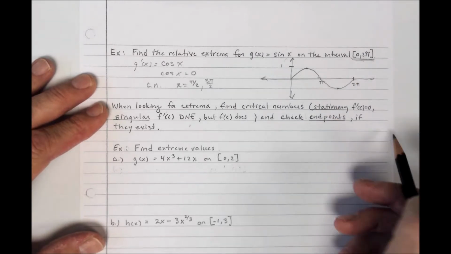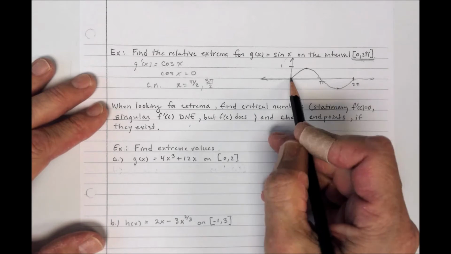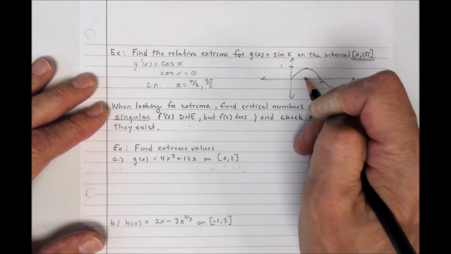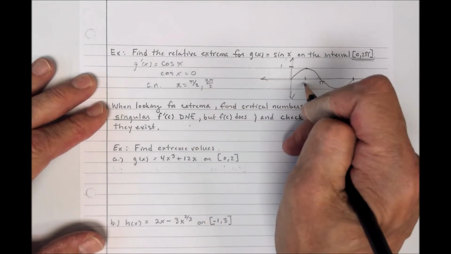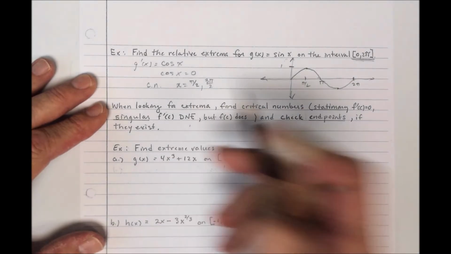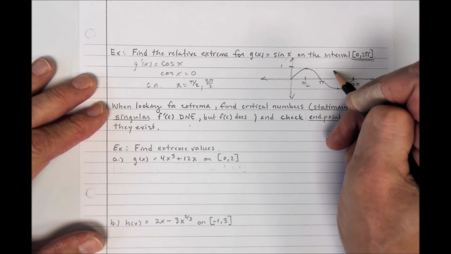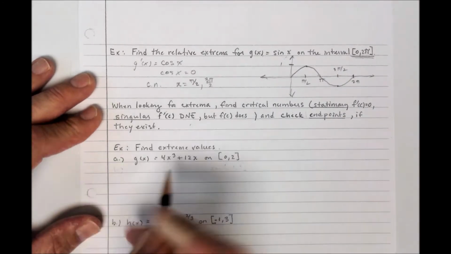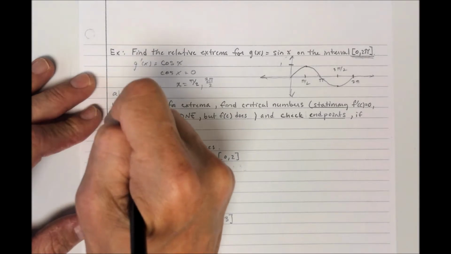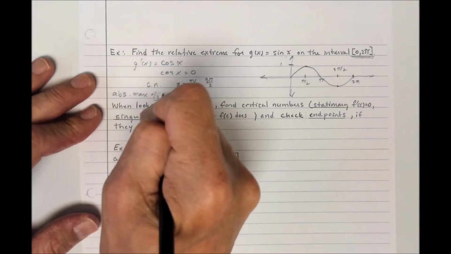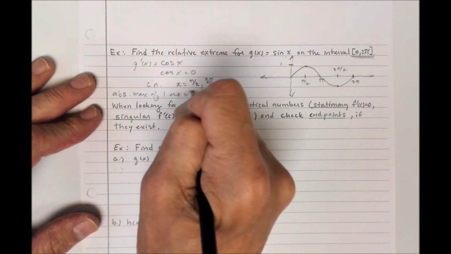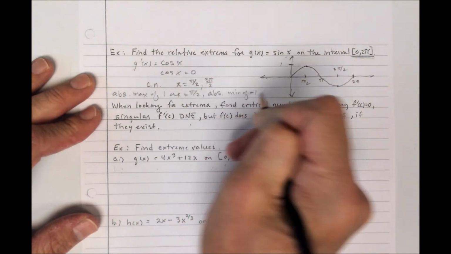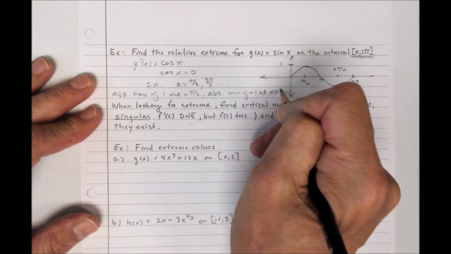I have endpoints that I'm going to have to deal with, but you can see where my max is, you can see where my min is, and they're occurring at those critical numbers. So I have an absolute max of 1 at x equals pi over 2. I have an absolute min of -1 at x equals 3 pi over 2.